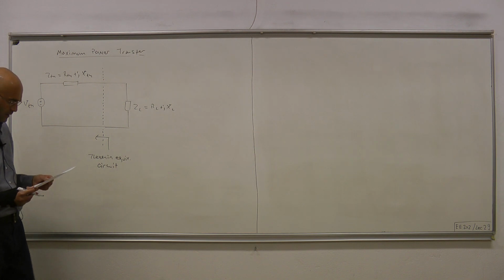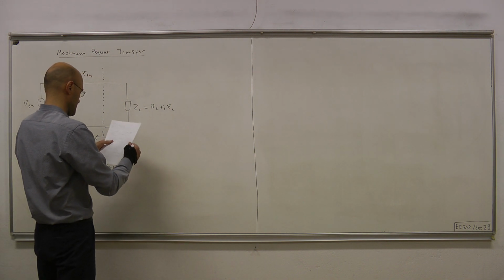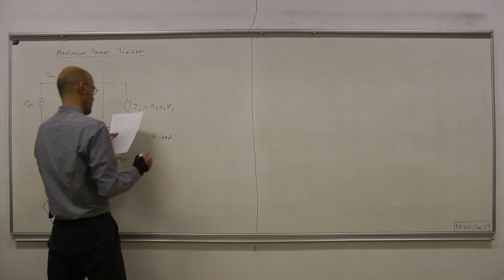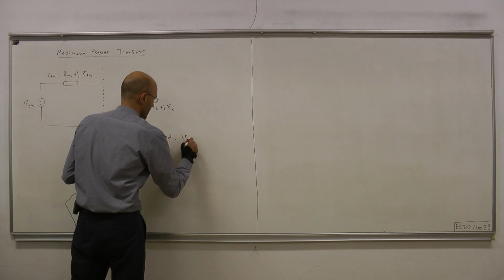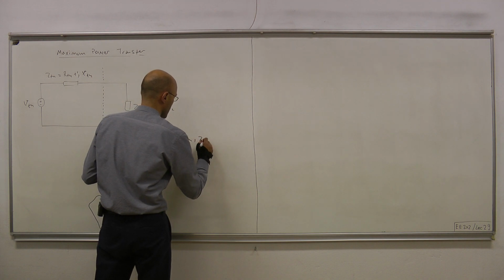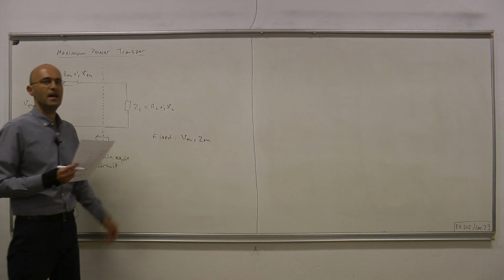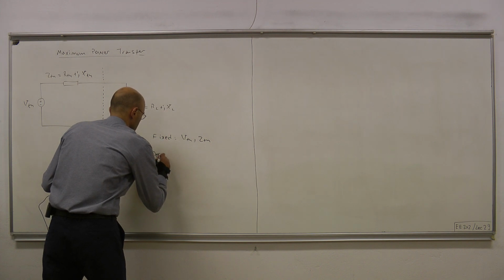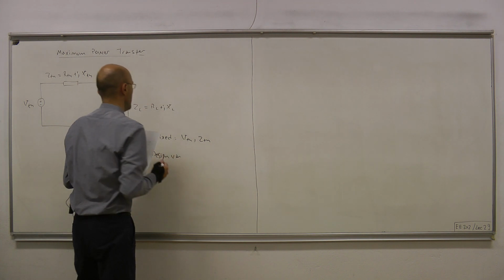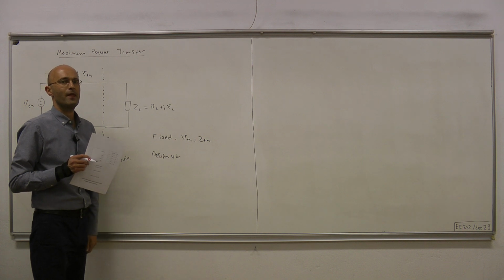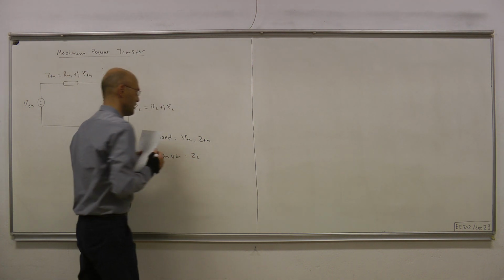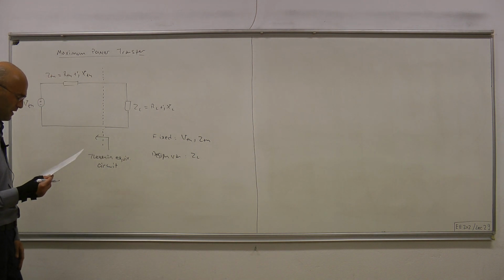To summarize, we have the following fixed quantities, V Thevenin and Z Thevenin, and the design variables are RL and XL, or in short, this complex number, the load impedance ZL.